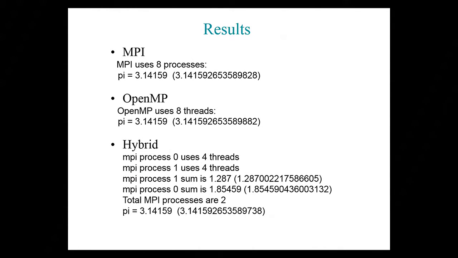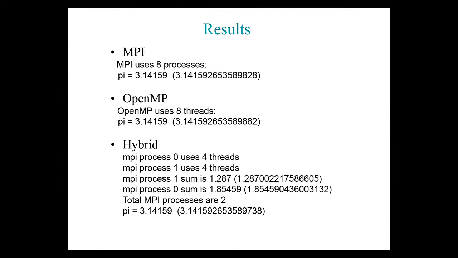For MPI, since we're using 8 CPUs, the calculation gives the results here. Then the OpenMP, something like that, and the hybrid. In this case, we use 8 CPUs in total, and each process uses 4 threads, so there are only 2 MPI processes, and each will use 4 threads.